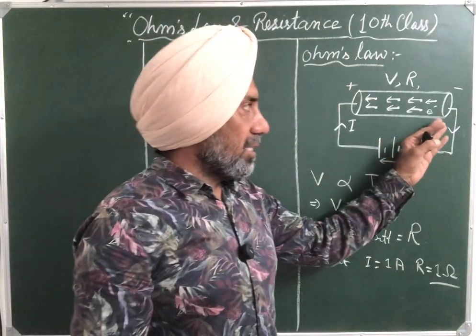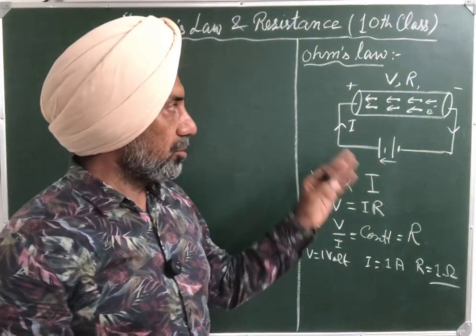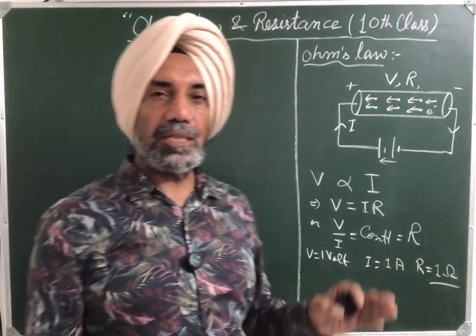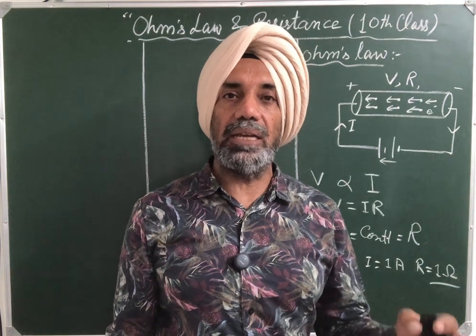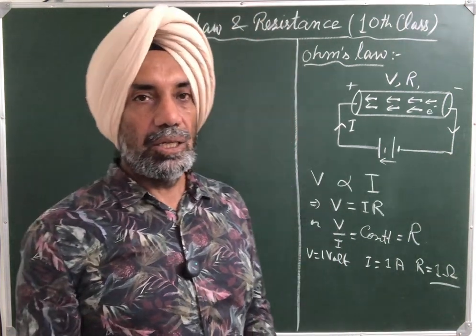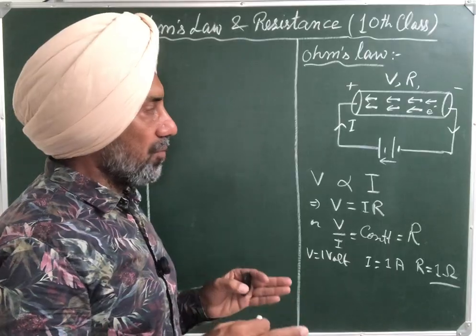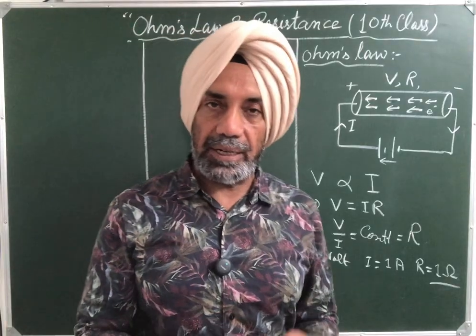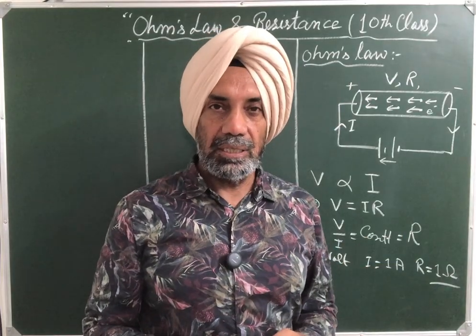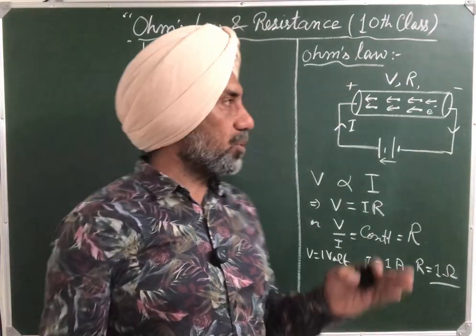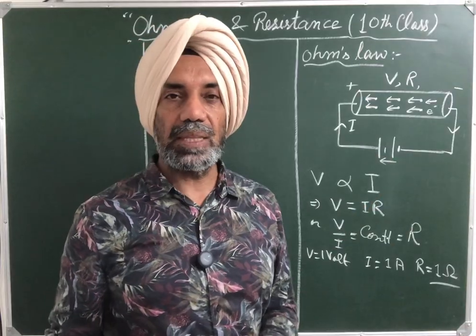So, energy gained by the electron due to potential difference is lost at every inelastic collision of the electron with the atoms or the molecules of the conductor. So, due to inelastic collisions, kinetic energy of free electrons is lost. So, their velocity is reduced to a very small value called drift velocity.